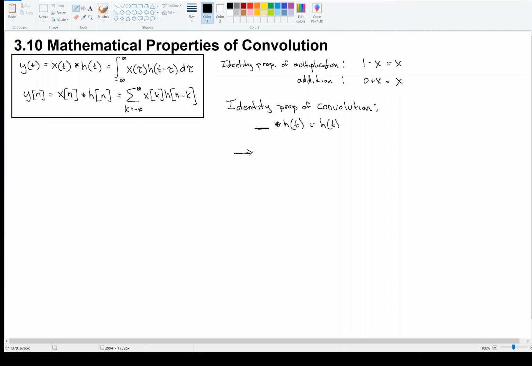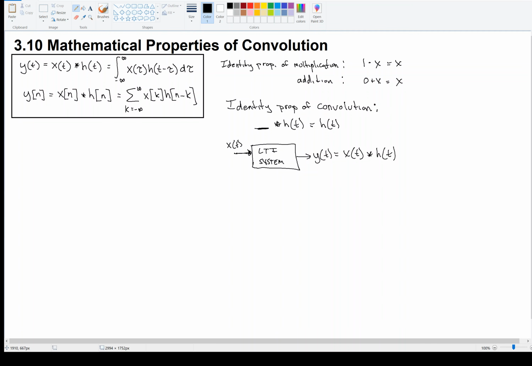To answer that question, let's remember how we got to convolution. If I have a linear time-invariant system and I put in x, then the output is x convolved with its impulse response. This is true for any x.